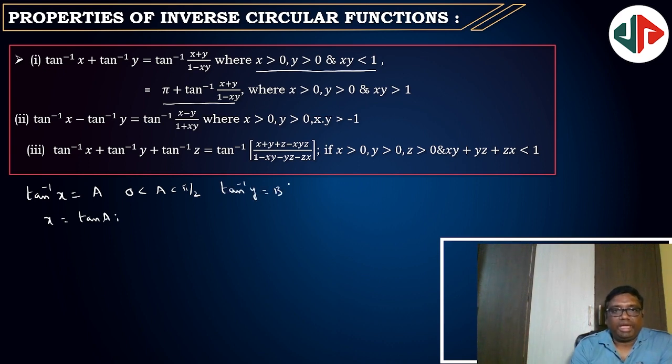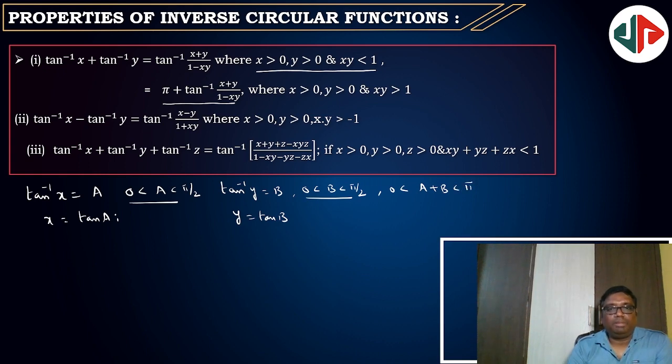Here y is greater than 0, so 0 is less than b less than pi by 2. So what is your y value? Tan b. So a lies between 0 to pi by 2, b is also 0 to pi by 2, which means 0 is less than a plus b less than pi.